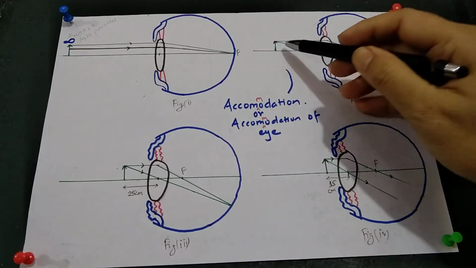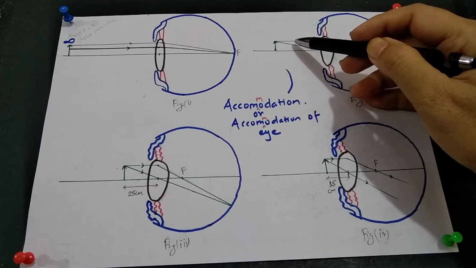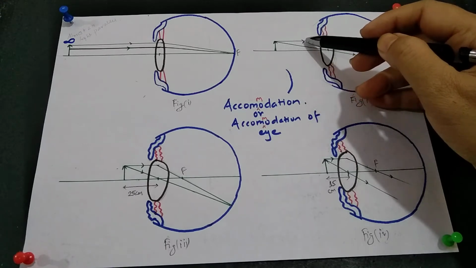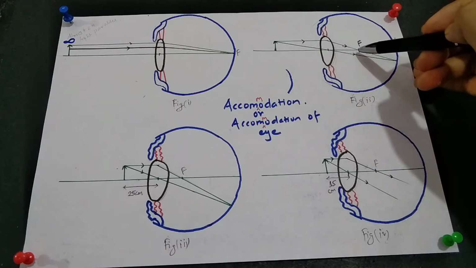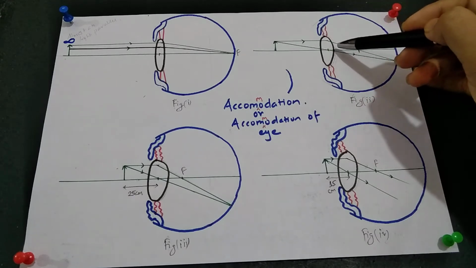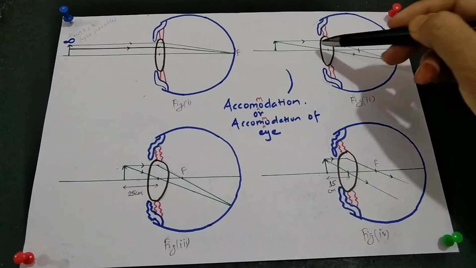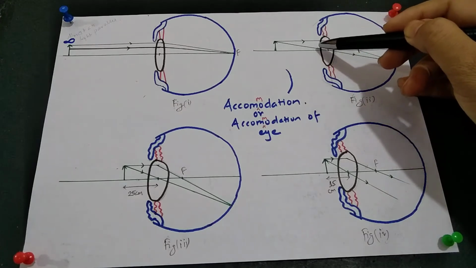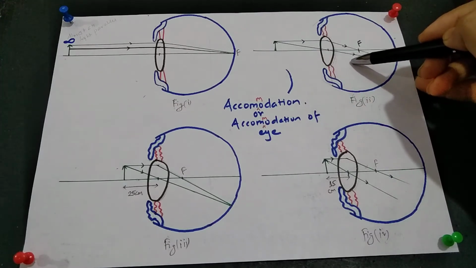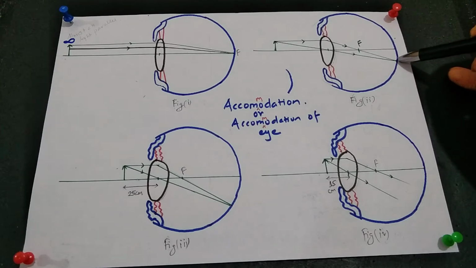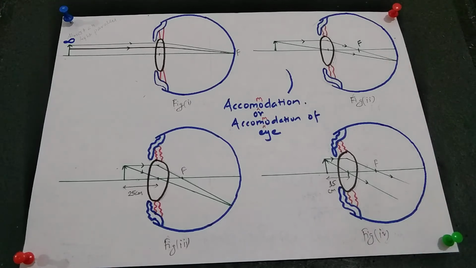Now one of the light rays emerging from the object, after refraction through the lens, passes through the focus and another ray passes through the optical center. Both these rays meet at a point on the retina where a clear image of the object is formed.